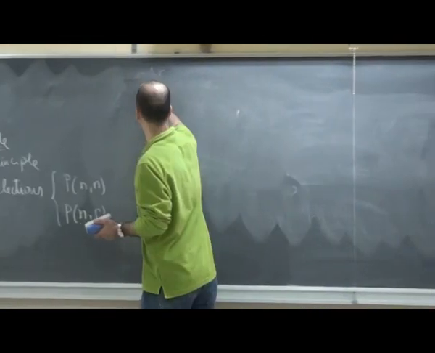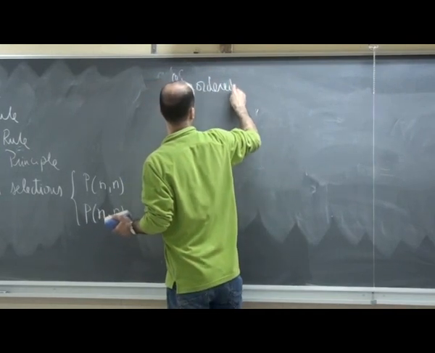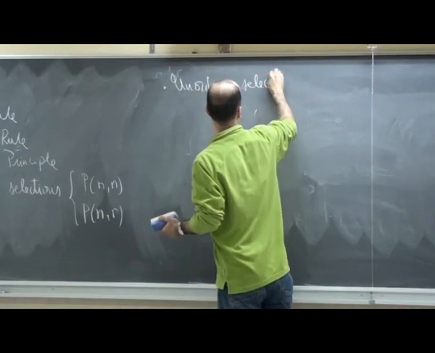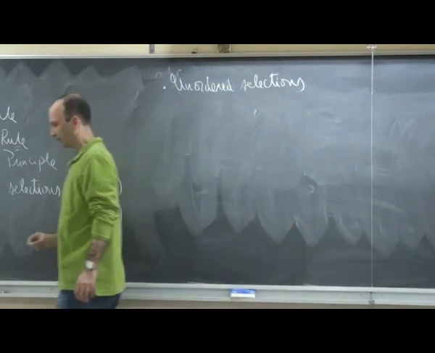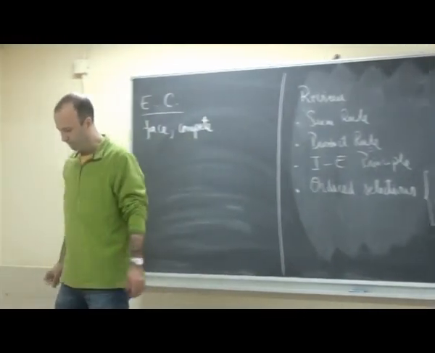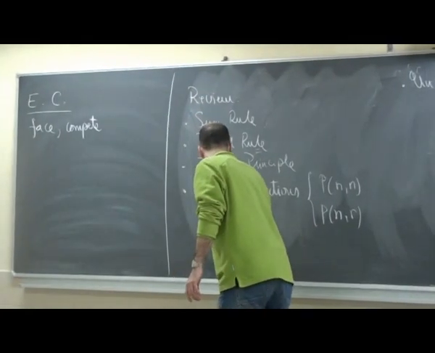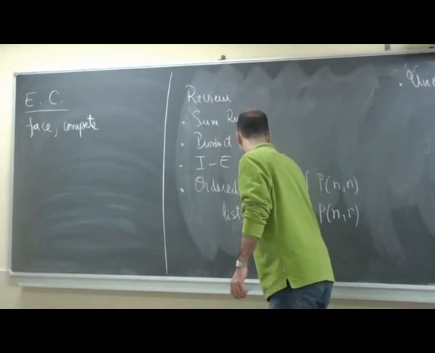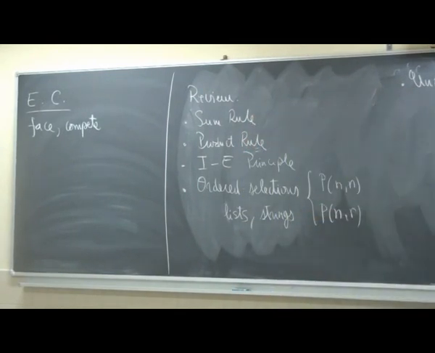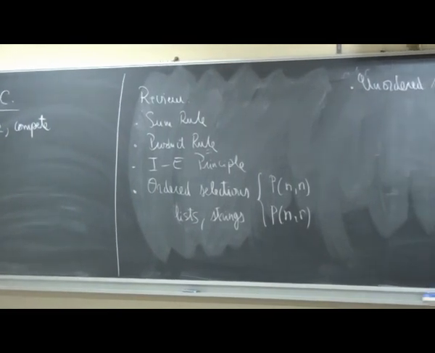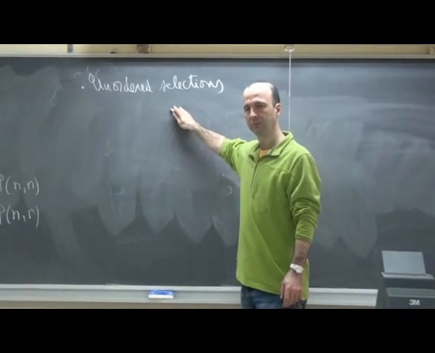To remove order. So the idea is, well, by the way, here we were using two concepts, lists and strings, and here I want to remove order somehow, right?